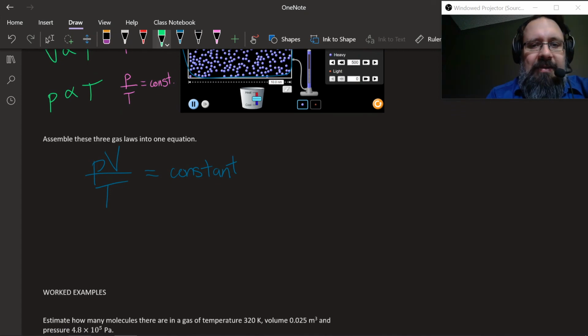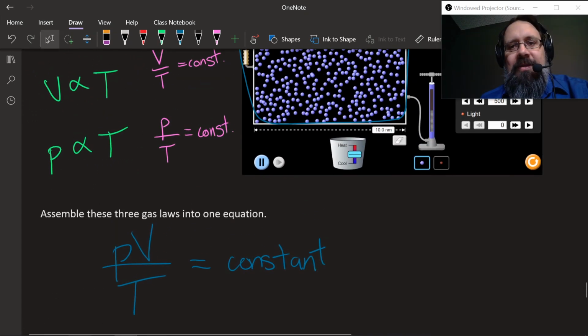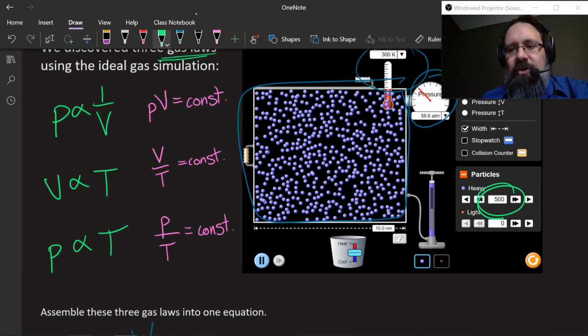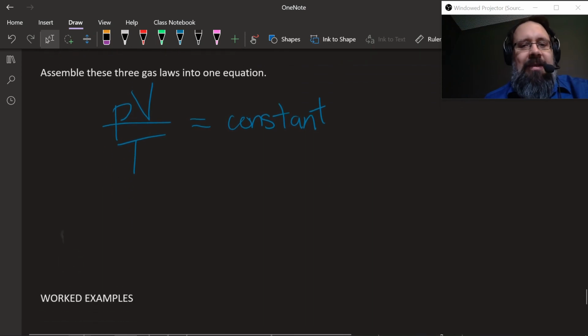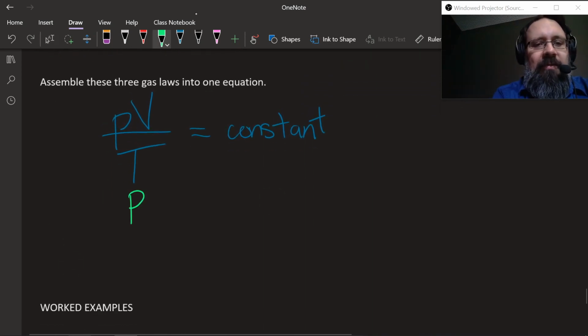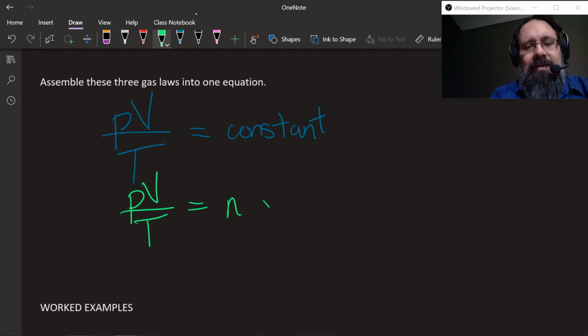Okay, it turns out that this constant value right here actually has another thing in it that was constant. For this experiment, remember we always made sure that the 500 was never changed. We always kept the 500 the same. So there's actually an additional variable in there that was also constant, and that was n times constant.